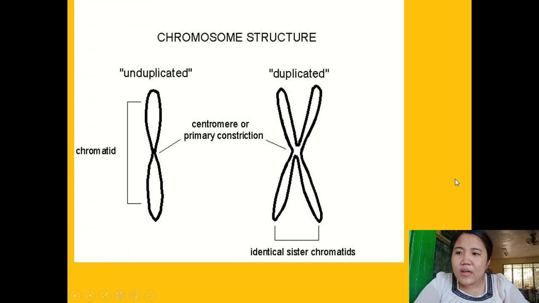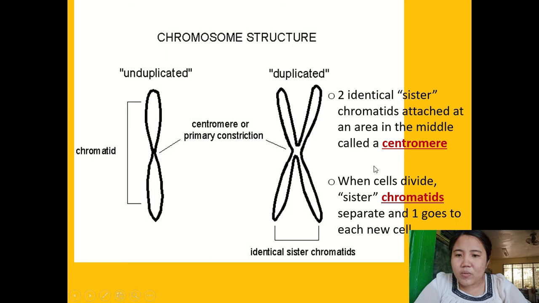Now, chromosome structure. A singular chromatid is called a chromatid. When they are duplicated before the cell division itself, they are called identical chromatids, like this one, duplicated.